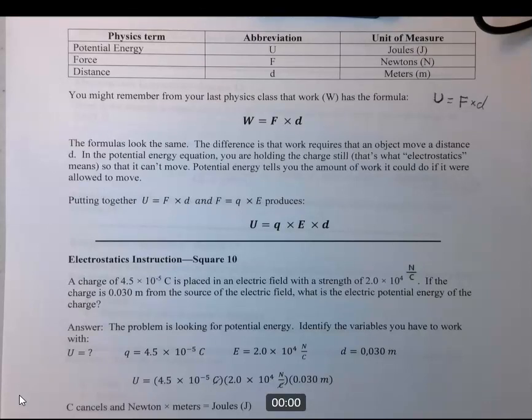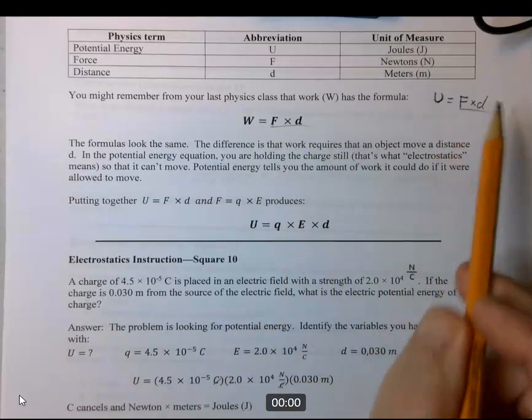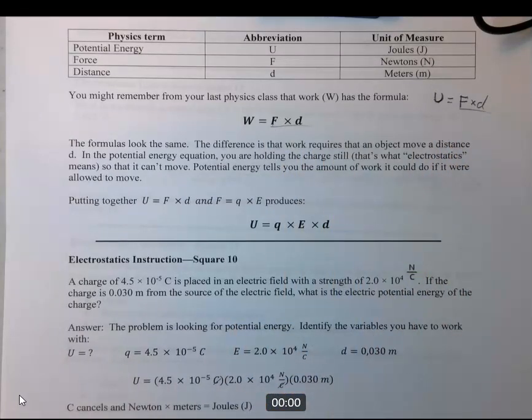Force is capital F, we talked about that, measured in newtons, and distance is lowercase d, and that's measured in meters. So you might remember from your last physics class that work has a formula, W equals F times d. The formulas look the same, the difference is that work requires that an object move a distance d.